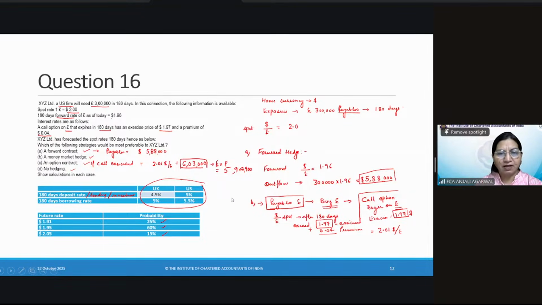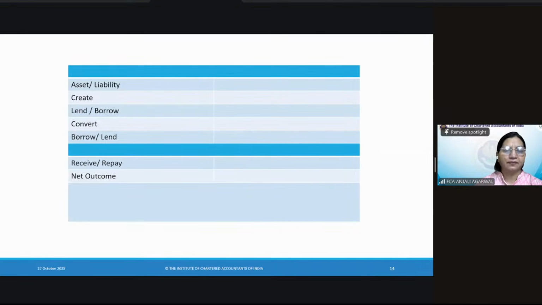We have already seen how the money market hedge works. Let's look at it. So first, we have a liability. What is the liability? We have 300,000 pounds payables.